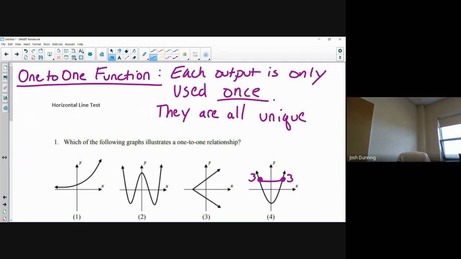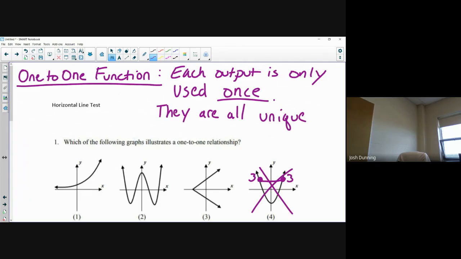So that's why the test for a one-to-one function is the horizontal line test. If you can connect any 2 points with a horizontal line, they have the same y value, the same height. And y is output, so it can't be unique. So that one fails.